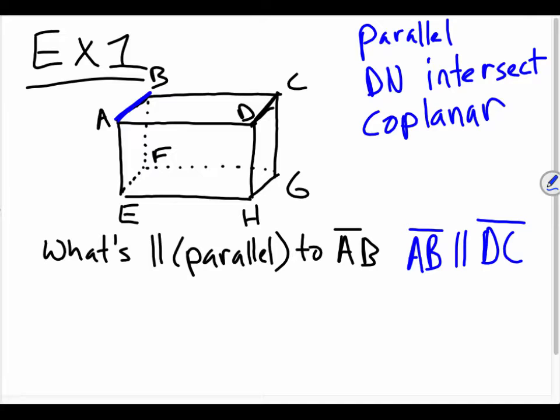EF or FE. Now, does it matter if I use EF or FE? Which one just seems more right? EF, right? So I would say AB is parallel to EF. Good. I'm glad you guys figured out that EF might be a better way to represent that.